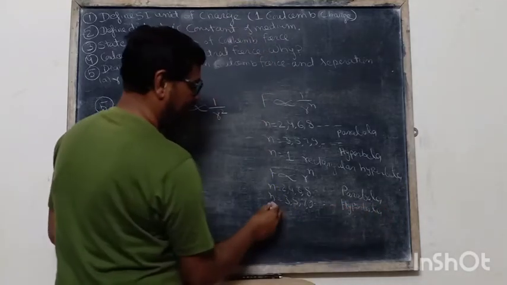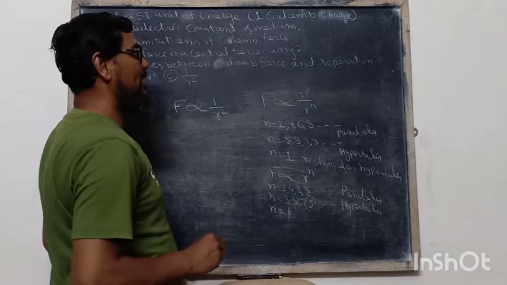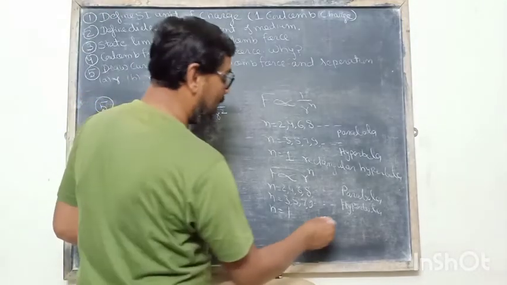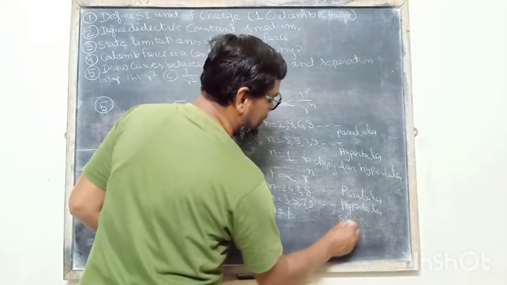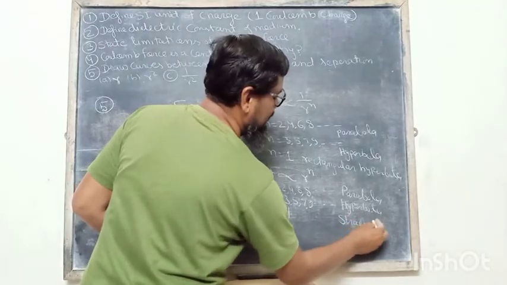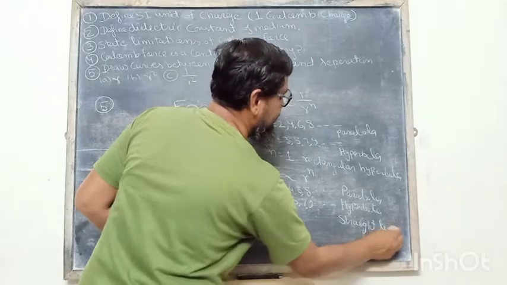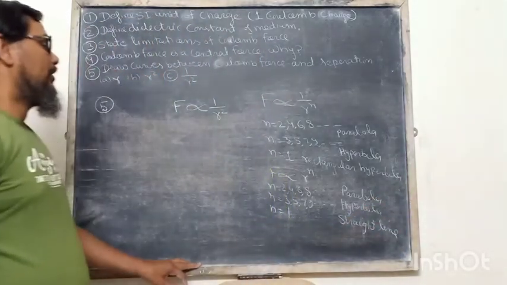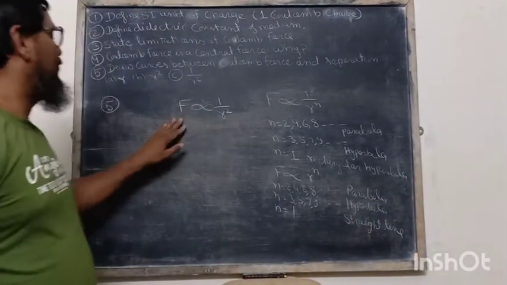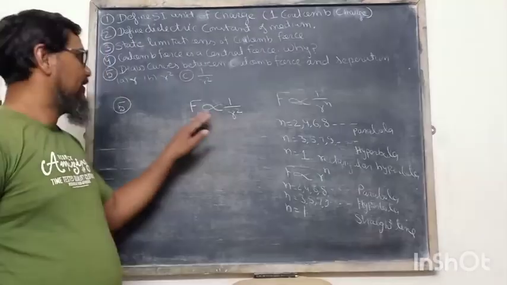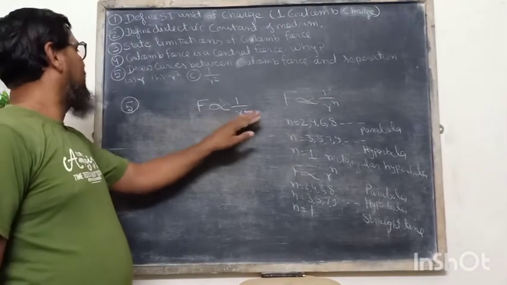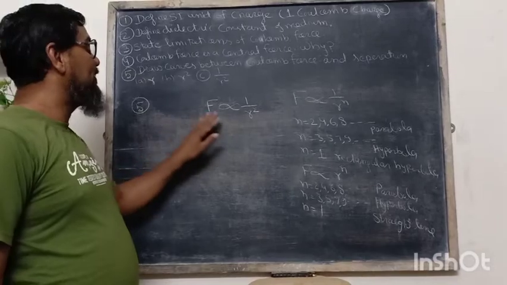And if n is equal to 1, meaning F is directly proportional to R, then the shape of the curve will be a straight line.